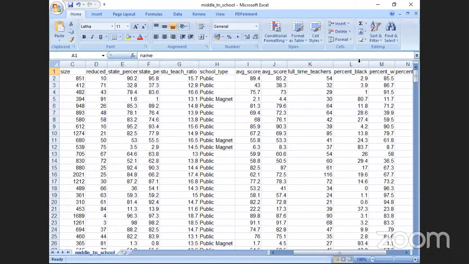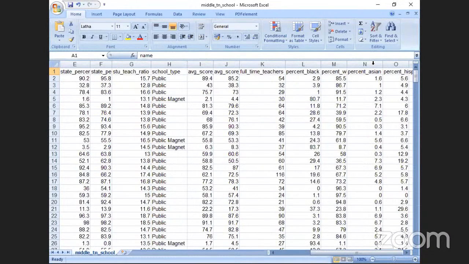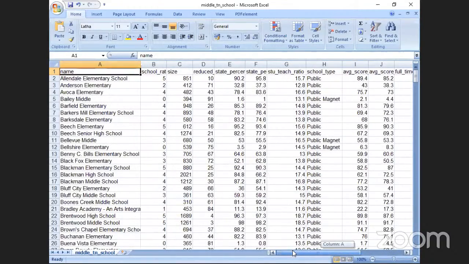How many full-time teachers are in that school? Percentage of, let's say, Black people, percentage of White, and percentage from Asian countries. Likewise, percentage Hispanic. So she has taken different parameters, and she recorded the data on that basis.